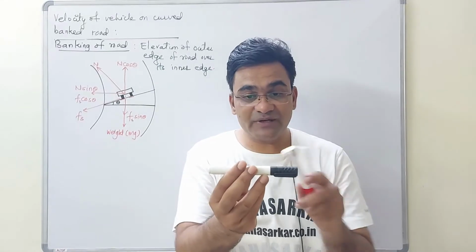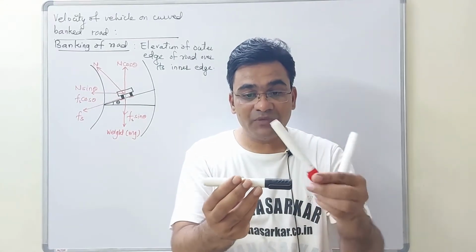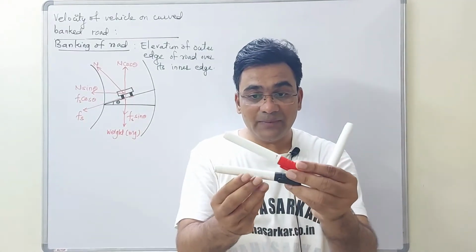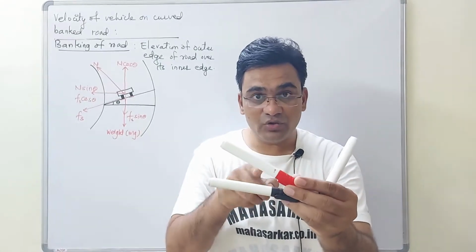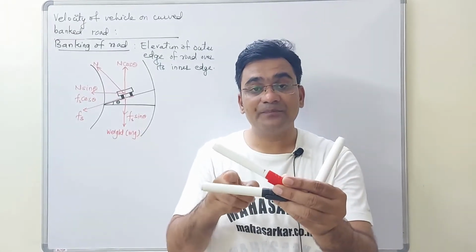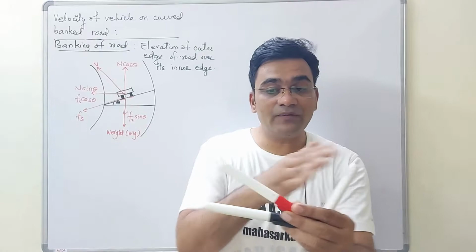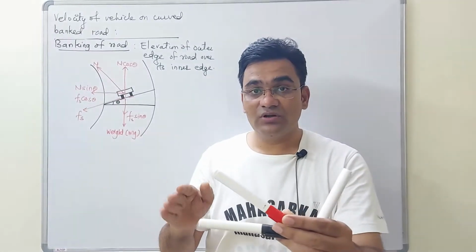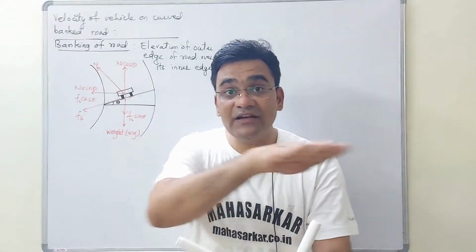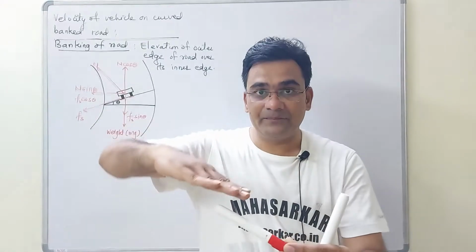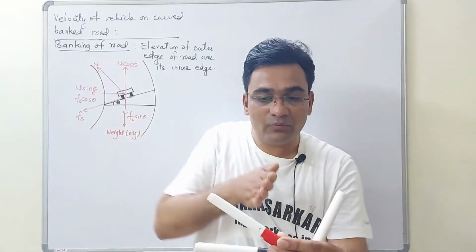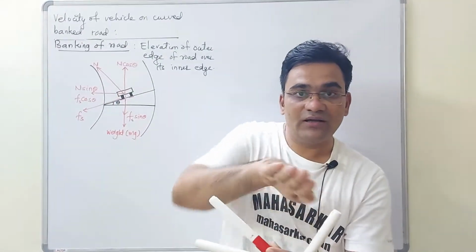You are expecting this is the horizontal surface, but after banking that road will appear like that. So it is going to form a certain angle between them. This will be the inner edge of road and this will be the outer edge of the road. So road will not look exactly leveled, it will look slanting. But we are not going down, we are moving on that slanting road like this.